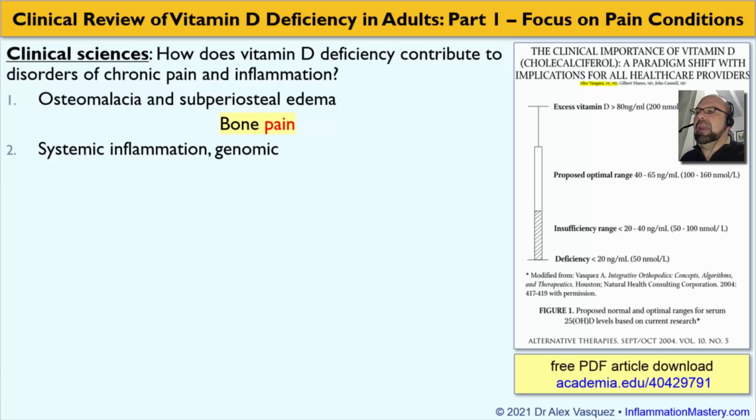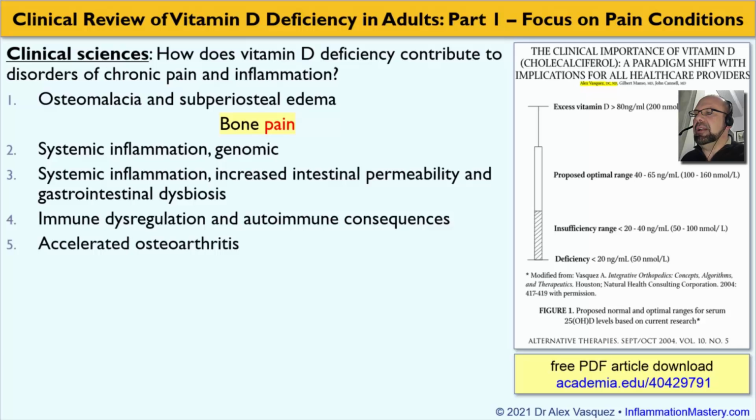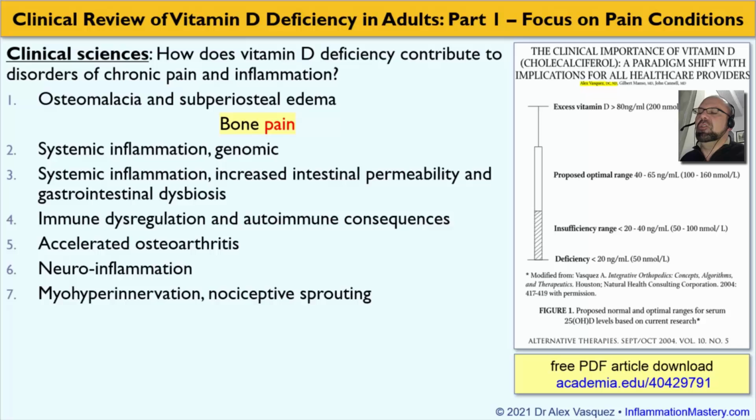Systemic inflammation from a genomic standpoint, systemic inflammation, increased intestinal permeability and gastrointestinal dysbiosis, immune dysregulation and autoimmune consequences, accelerated osteoarthritis, neuroinflammation, and here's a new term that I just made up while I was putting this together, Myo Hyper Innervation. So this is a proliferation of nociceptive neurons in muscle as a consequence of vitamin D deficiency.